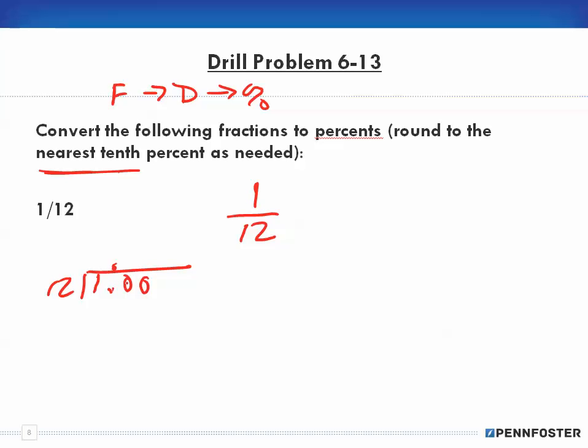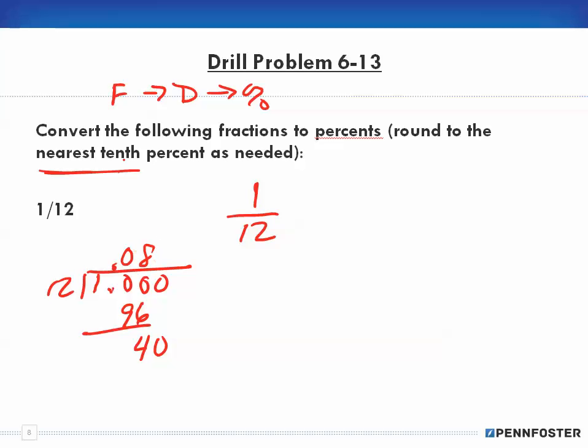So 12 and the 10 goes 0 times. 12 into 100 goes 8 times. So that's 96 with 4 left over. And I bring down another decimal place, in order to be able to find out if we need to round to the nearest tenth.